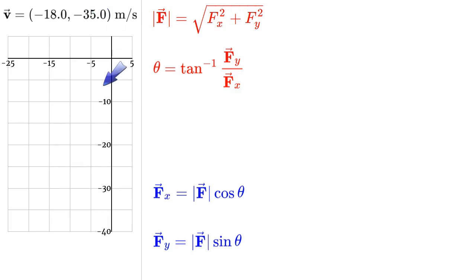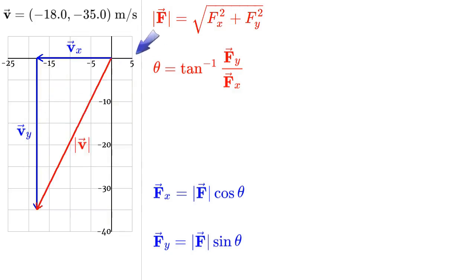Again, using the origin for the tail of the vector, we'll first draw the negative 18, which is the x component, and then we'll draw the negative 35, which is the y component. So drawing those two vectors tip to tail, we can put the resultant vector, which represents the magnitude of the velocity, from the origin to the tip of the last vector. So there is our right angle triangle.